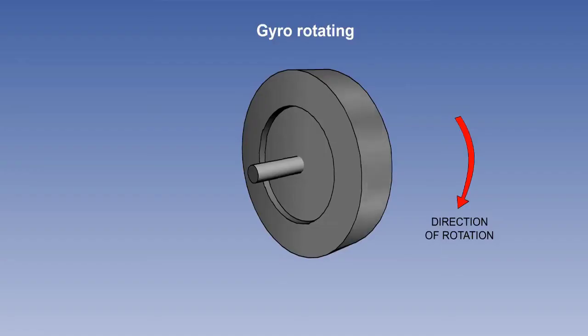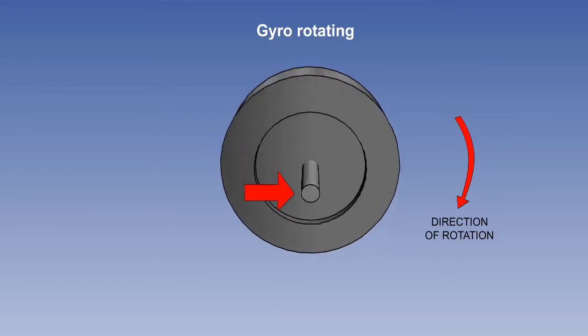Now let's spin the rotor and apply the same upwards force to the spin axis. We might still expect the gyro to fall backwards. But now, because of the effect of precession, the upwards force we have applied is transferred 90 degrees in the direction of rotation, and instead the gyro moves in the direction shown.